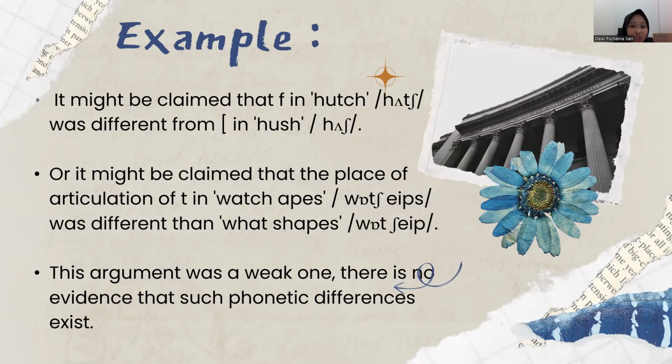Hutch and hush. Or it might be claimed that the place of articulation in watch apes was different from what shape, what shape. See the difference, right? This argument was a weak one, as there is no evidence that such phonetic differences exist.